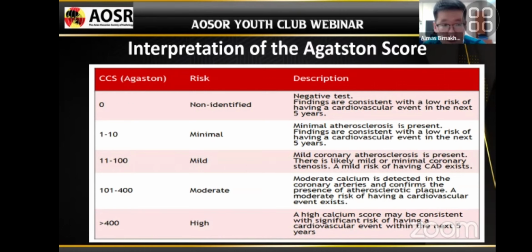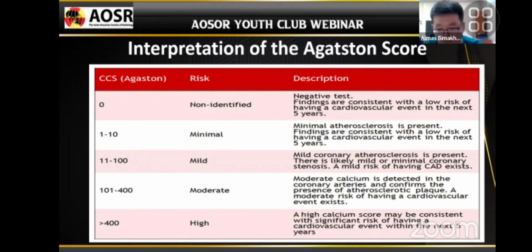From 11 to 100, mild coronary atherosclerosis is present. There is likely mild or minimal coronary stenosis. A mild risk of having CAD exists. From 101 to 400, moderate calcium is detected in the coronary arteries and confirms the presence of atherosclerosis plaque.